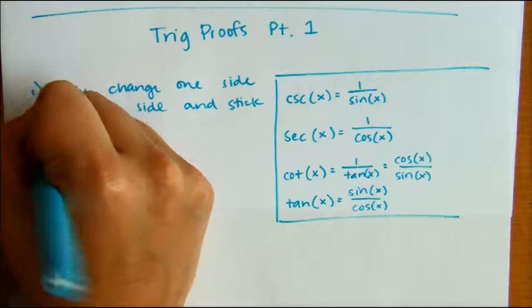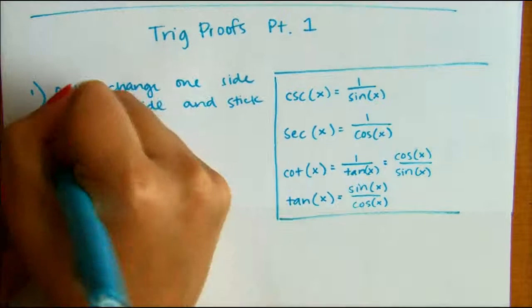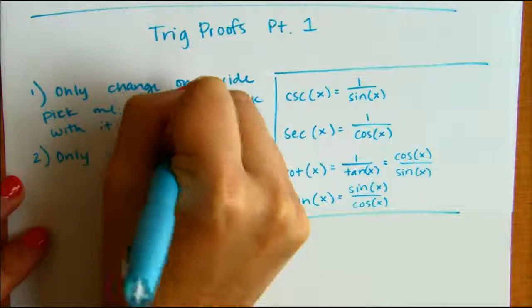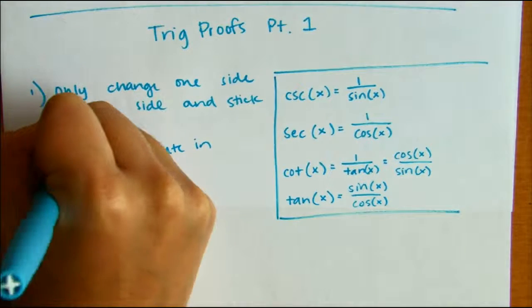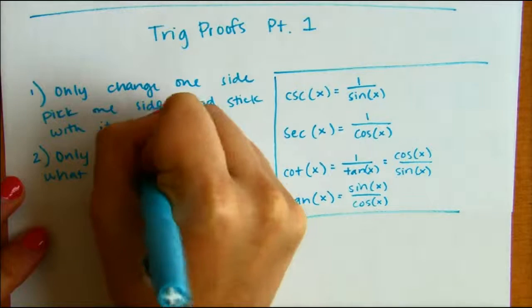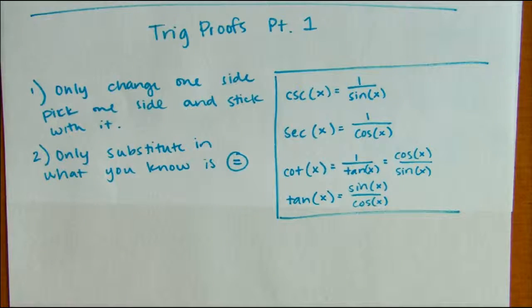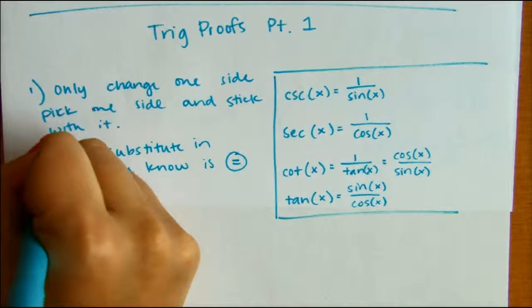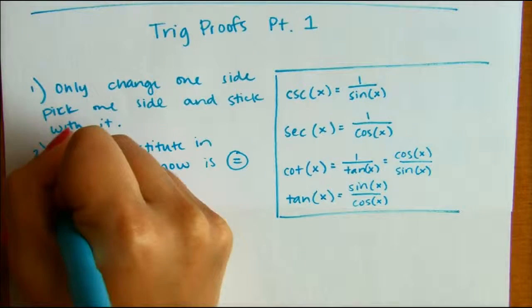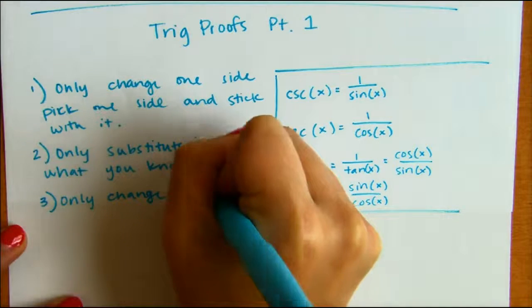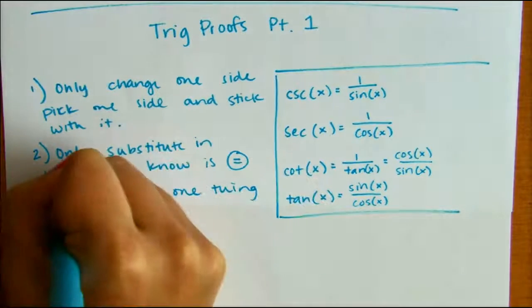Rule number 2 is that you can only substitute in what you know is equal. So big concept number 2, only substitute in what you know is equal. And number 3 is that you can only change one thing each step.